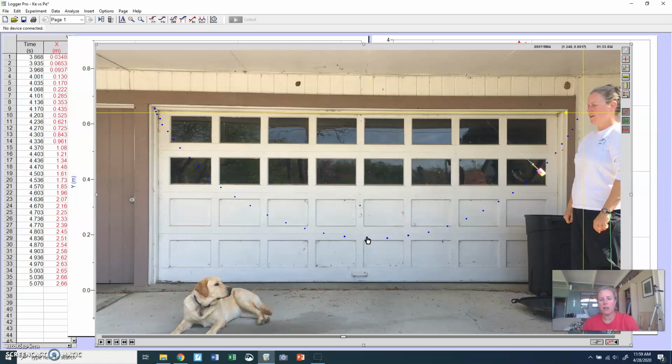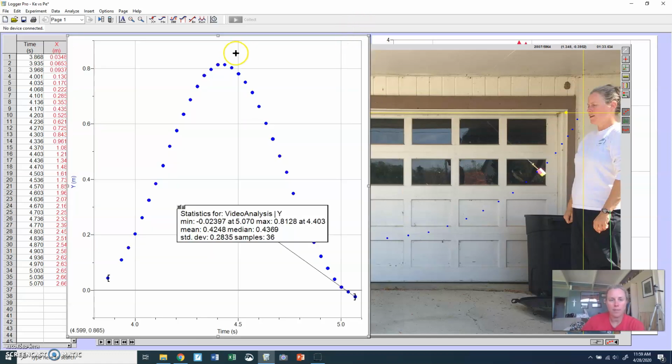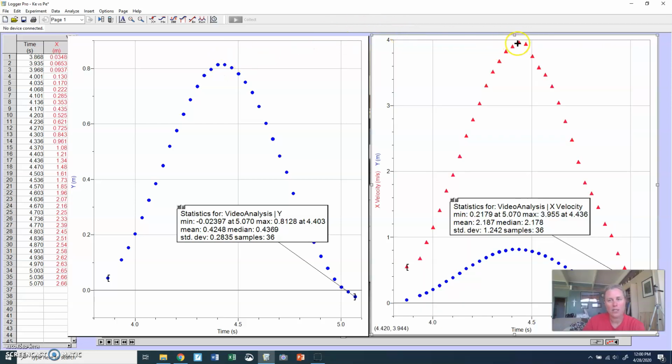So that's kind of the point of this video and the lab, is for you to see at its max depth, I guess, it was at 0, but that's at my eye level, and it goes down in a positive direction to its low point. That's where it has zero potential energy. It coincides right at the same time with the maximum velocity, which means the maximum kinetic energy.